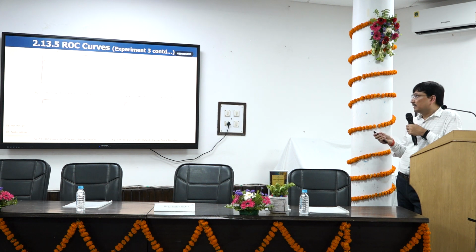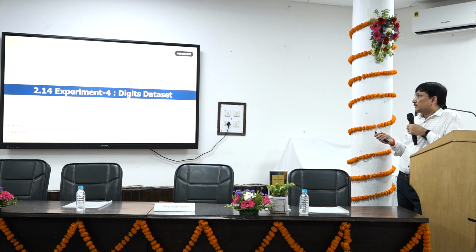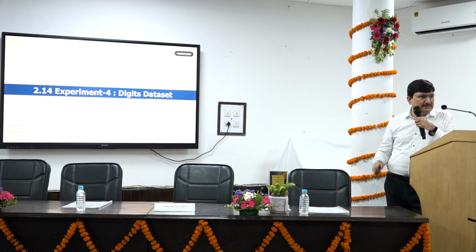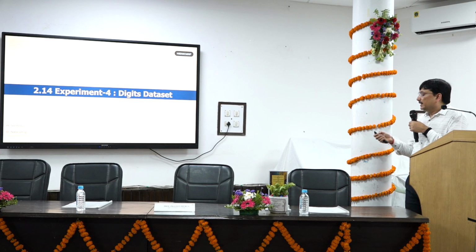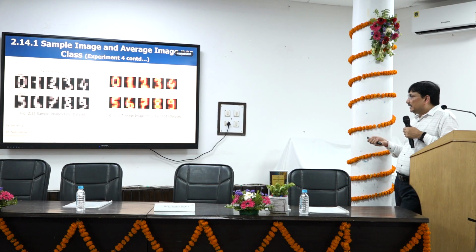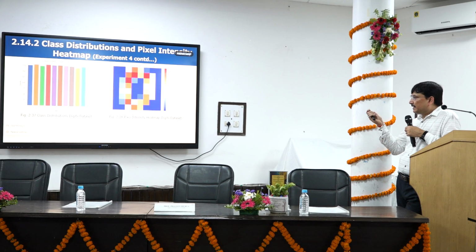So the outcomes are validated. So similar thing will be done for this digits data set. Now you see here for this digits data set, we have this sample image, average image per class. This is very similar to the previous data set, and class distribution.